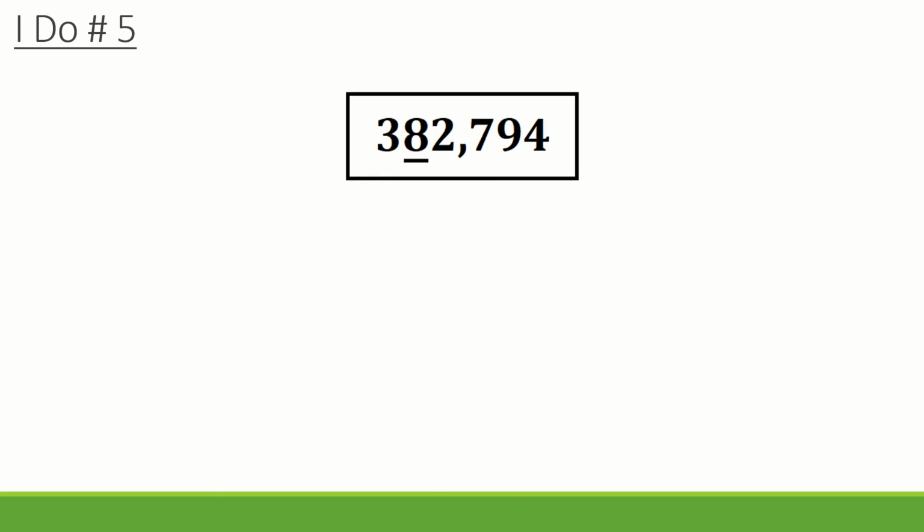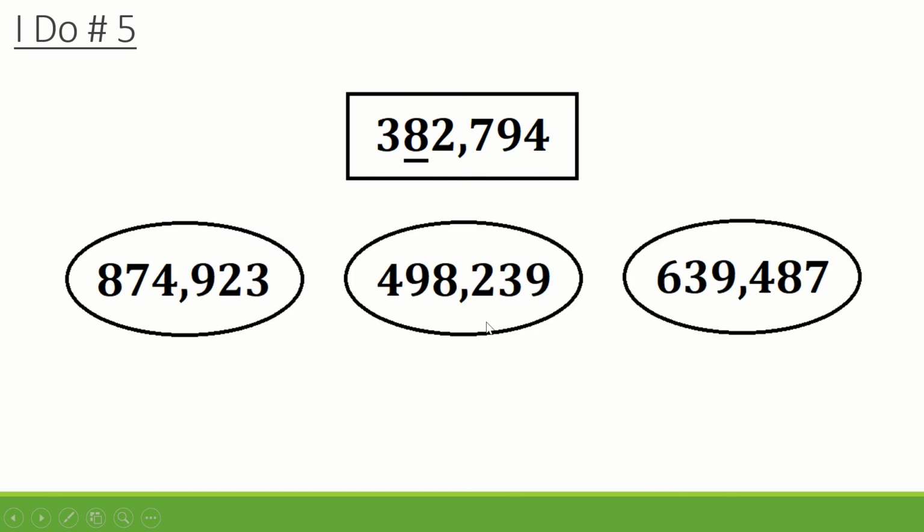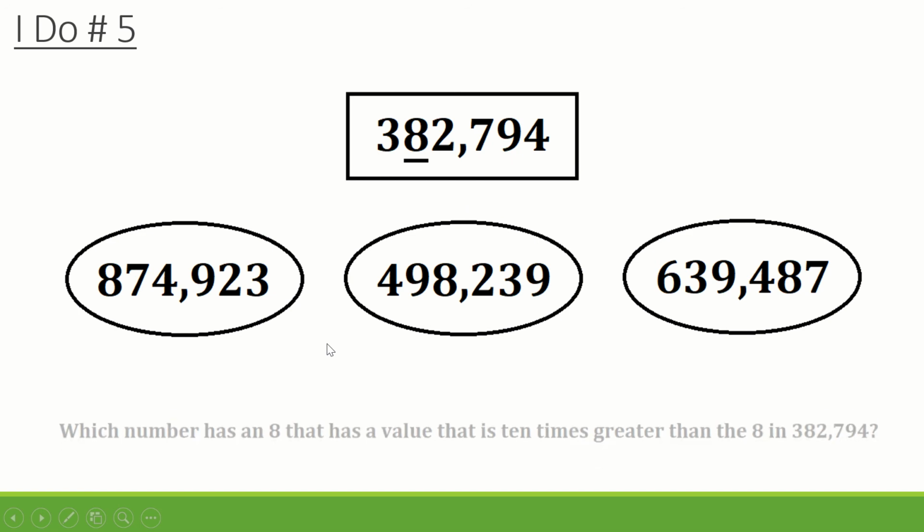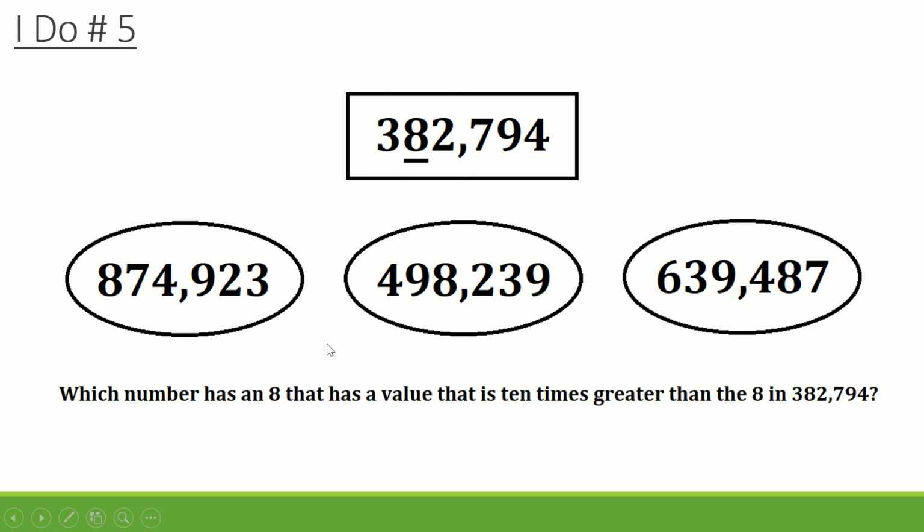For our next I do, we have 382,794. And again, we've got 3 numbers which have the same digits within them, but they've been scrambled. And our question is, which number has an 8 that has a value that is 10 times greater than the 8 in 382,794?